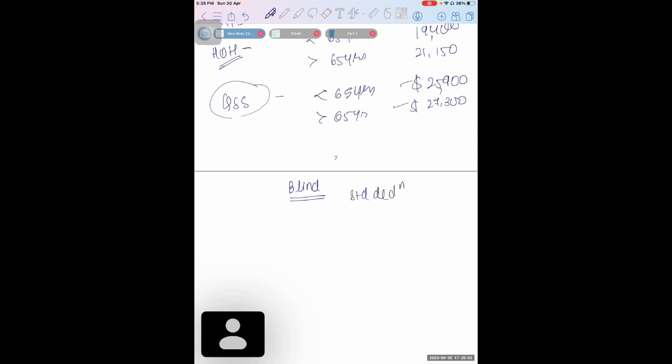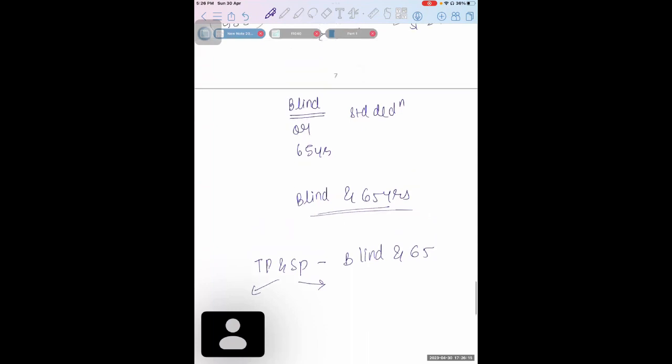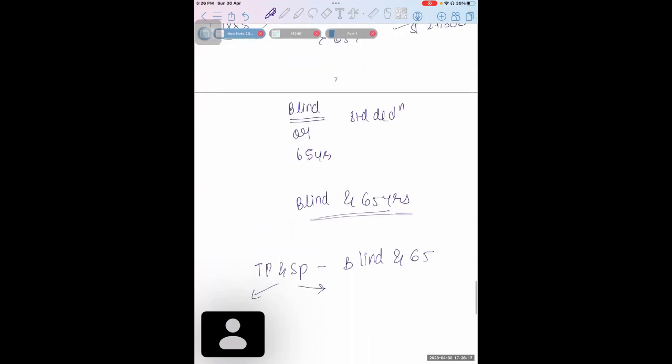If a person is blind or 65 years, there is a different condition. If a person is blind and 65 years of age, there is a different condition. If both the taxpayer and spouse are blind and 65, or maybe one is blind and one is 65, there are so many permutation combinations. I want you guys to go through it.